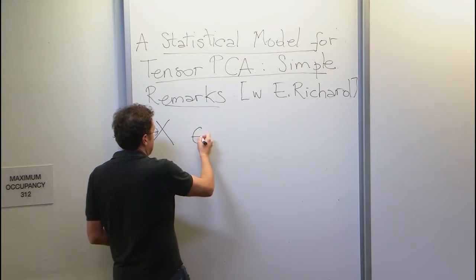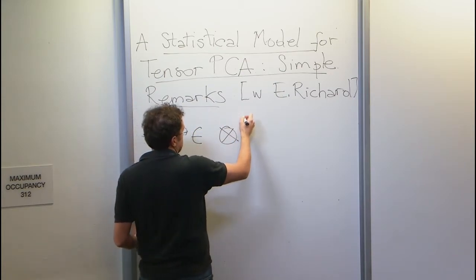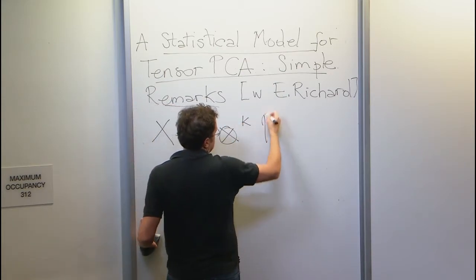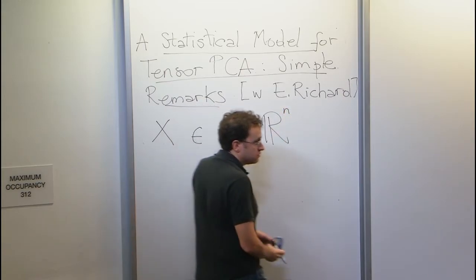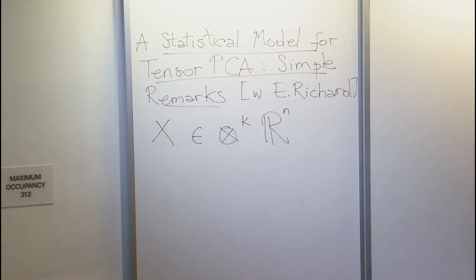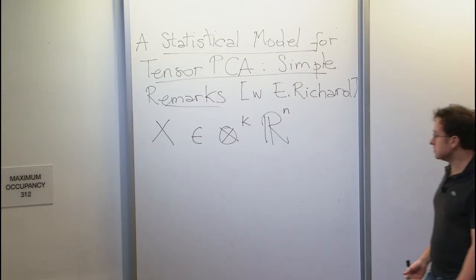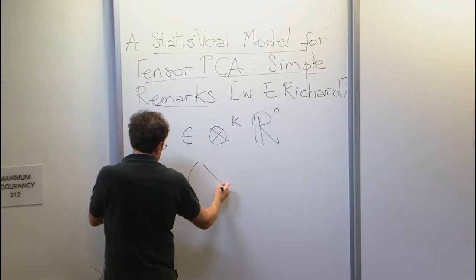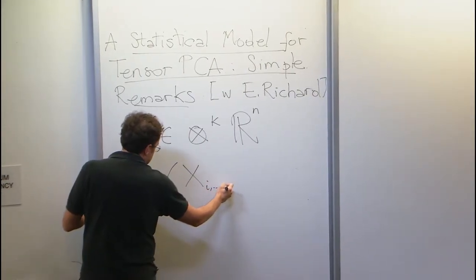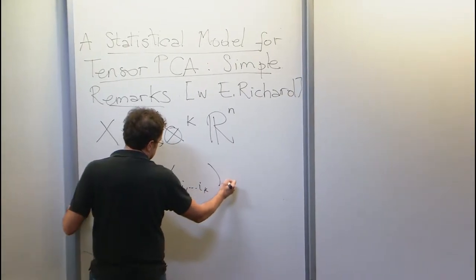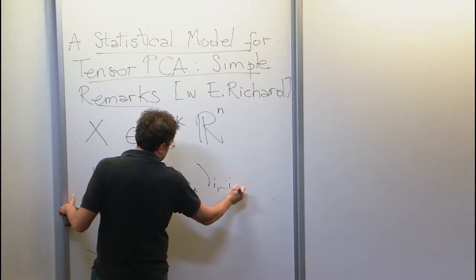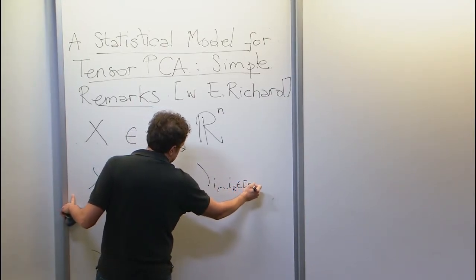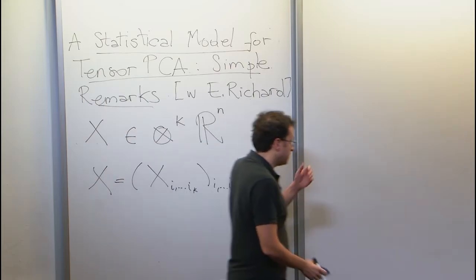You have a data set that you represent as a tensor of order k and dimension n. So these are the two notations that you have to remember. So what does this mean? It means that x is just a table of numbers, x_{i1...ik}, with indices i1,...,ik in the set of first n integers.